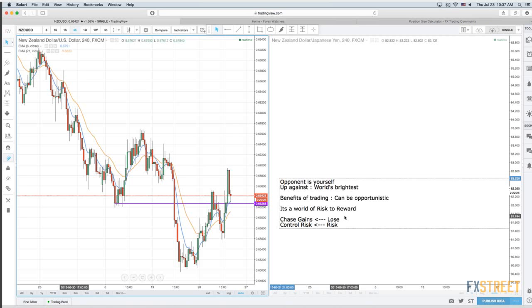Now, here's the most important thing that everyone forgets: the moment they pull the trigger, all logic goes out the window. This happens with 90% of the new students coming to me. They do everything so perfectly up until they take the trade, but once the trade is on, they forget all logic.